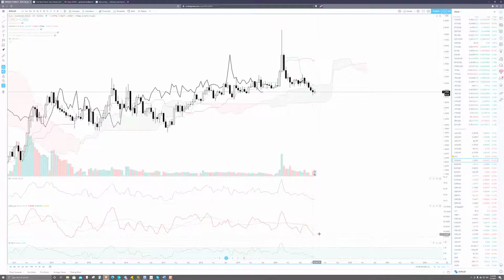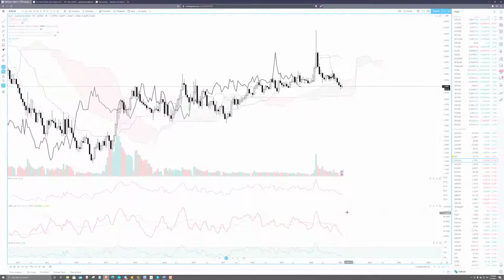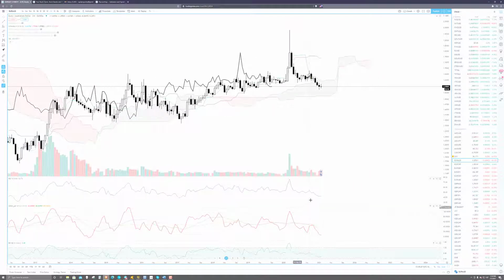The red line is the CI line, the composite index line. That is at a pretty normal area that we've seen prices bounce. There's not any bullish divergence that exists between these two indicators. We're just looking at these extreme lows.